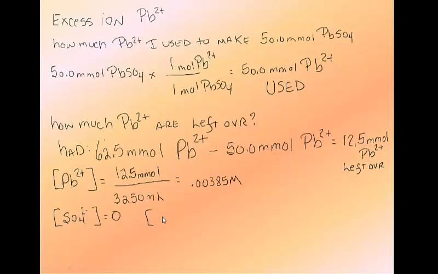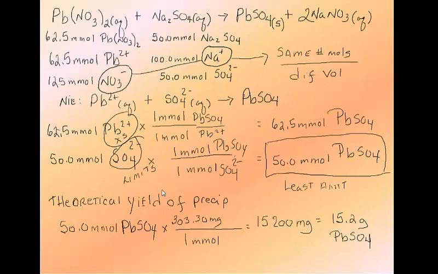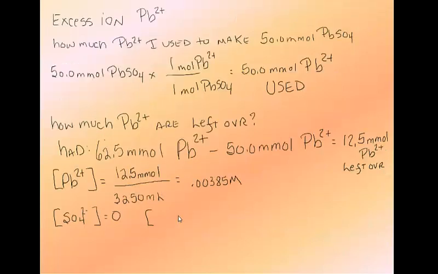The spectator ions, who are my spectator ions? My spectator ions are 125 millimoles of nitrate and 100 millimoles of sodium. So 125 millimoles of the nitrate over the same volume, because they're in the same volume, they're just not doing anything.